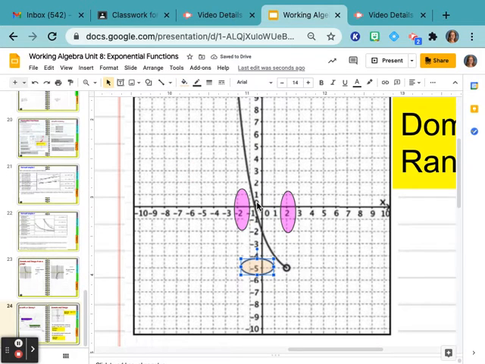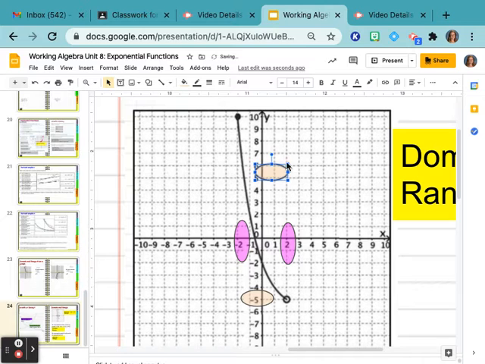Okay, so the lowest it goes for the y value is -5. And then the highest it goes is 10. So it goes down to -5 and up to 10.